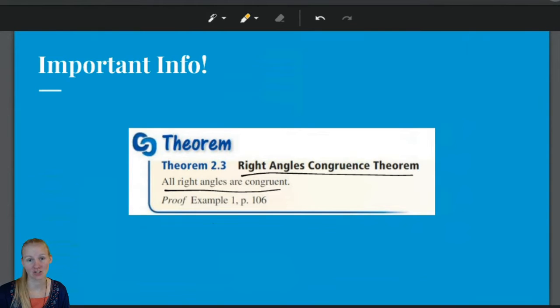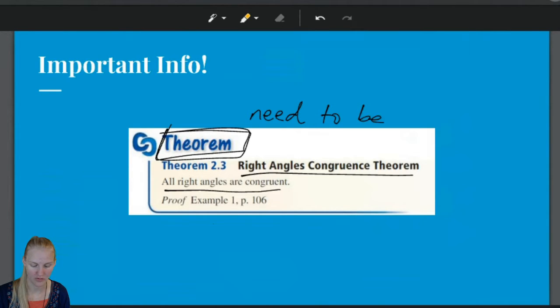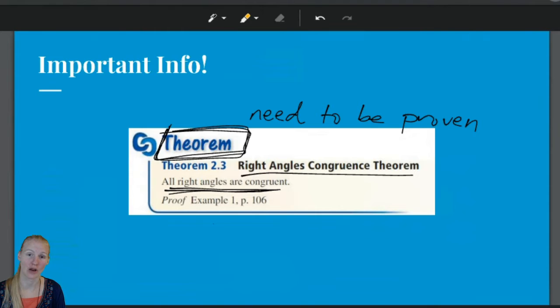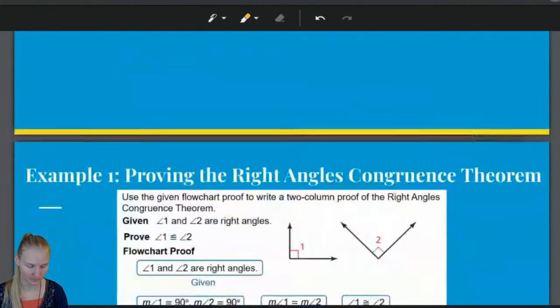Now, you might think that's obvious, but the reason that it is a theorem, remember, theorems need to be proven. Postulates, we accept as fact, but theorems are things that can be and need to be proven. So we can prove that all right angles are congruent, and we're going to do that now.